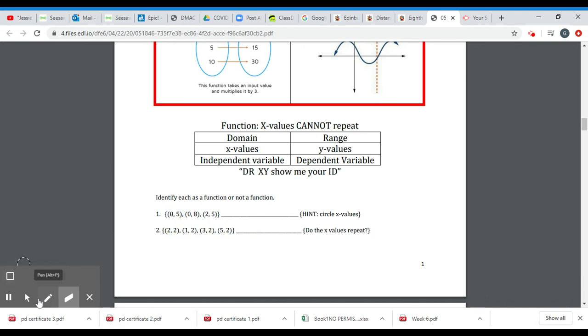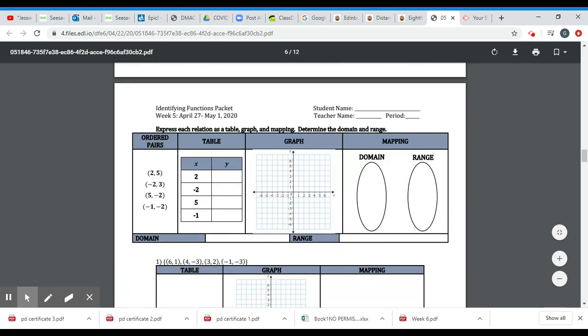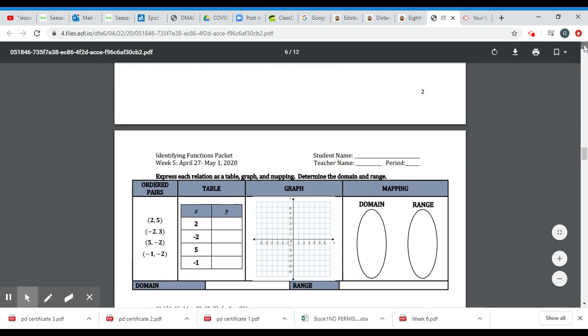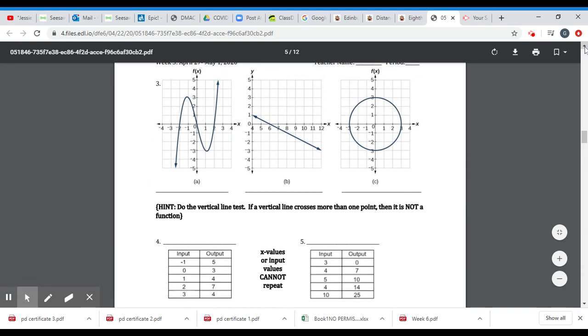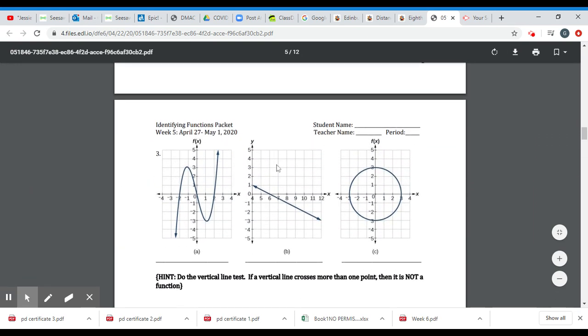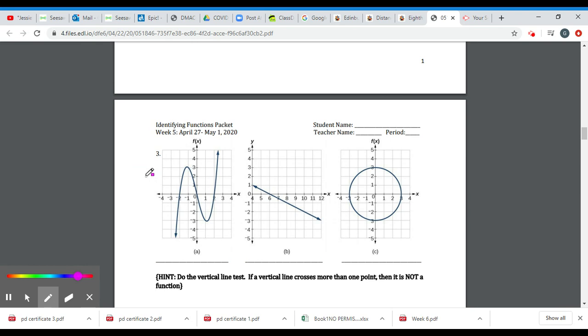But that's basically the idea that I want you to understand. And like I said, we tend to do pretty good on the ordered pairs and the table and the mapping. This right here is where we tend to make some errors. So I just want to go over these three to finish off this video.